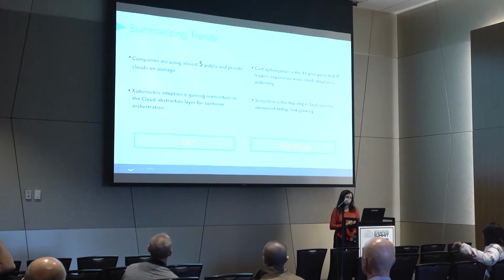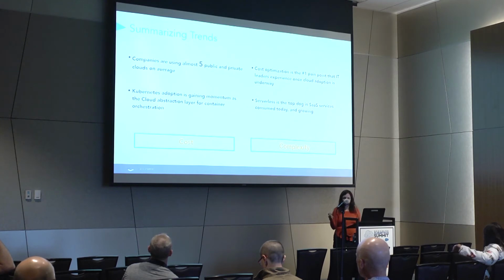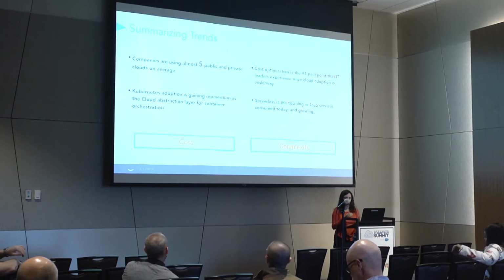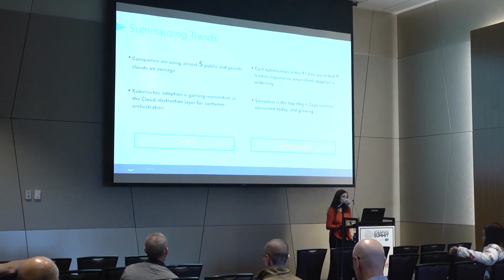The second one, cost optimization or cost mitigation, is the #1 pain point that IT leadership is experiencing once cloud adoption is well underway. The third one is Kubernetes adoption continues to gain momentum as the de facto standard for container orchestration. And the fourth one is serverless is the top leading cloud service for 2018 in the cloud services consumed category.